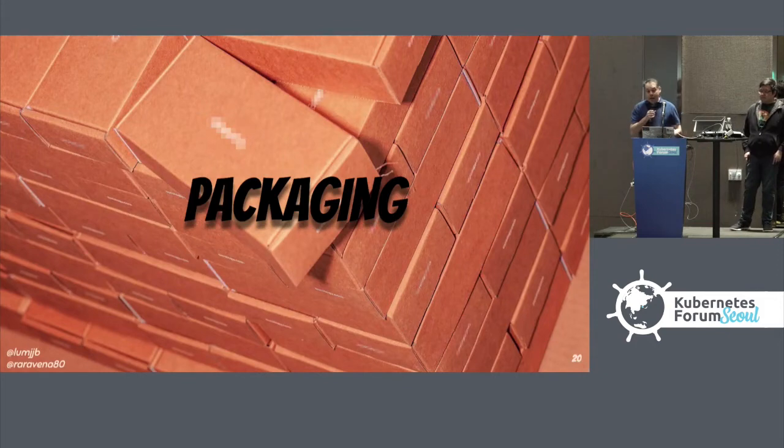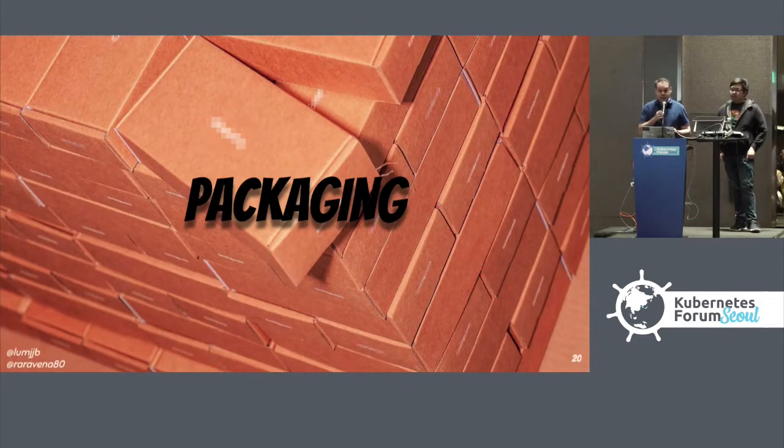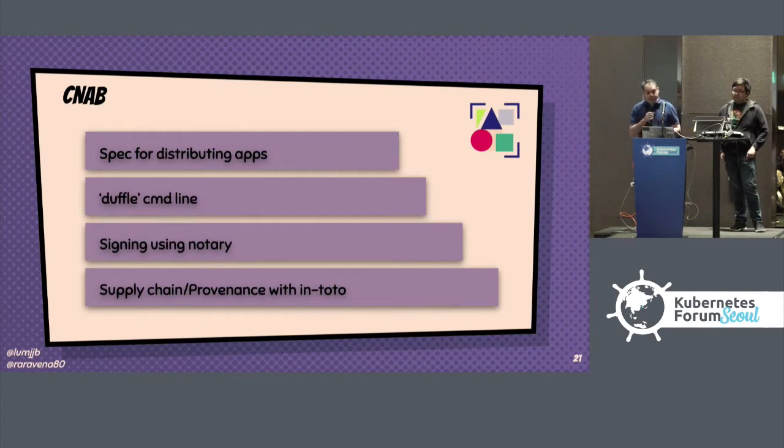Now let's talk about some of the packaging standards in open source projects. First is CNAB. It's a standard that allows you to distribute applications. It has its own command line to create that distribution, and you can add extra security with Notary, which is another Cloud Native Computing Foundation project, and you can provide that provenance using in-toto, a tool that I talked about before.